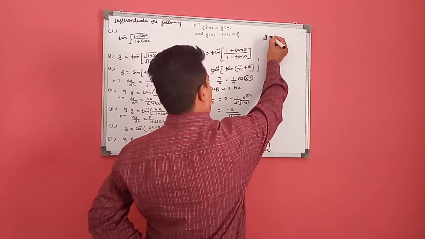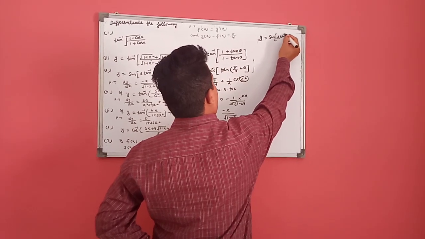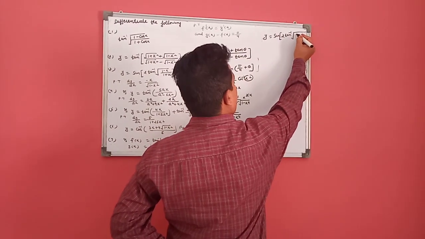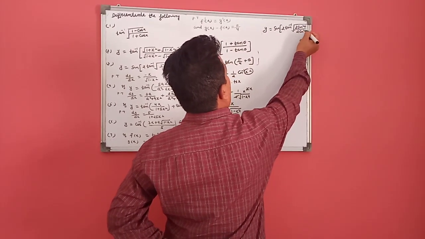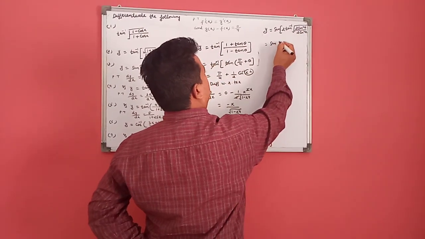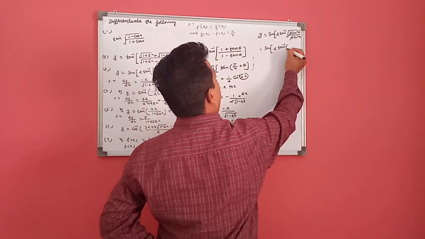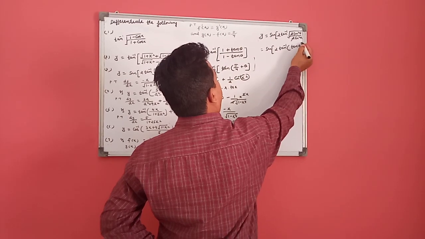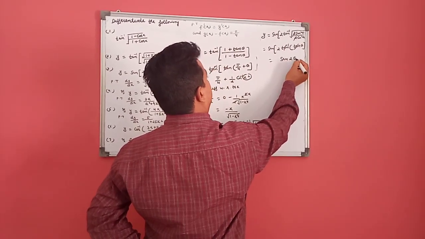As we know, the formula of this is tan inverse of 2 sin square theta upon 2 cos square theta. This becomes 2 tan inverse, this cancels out, this is tan theta, this cancels out. So this is sin 2 theta.